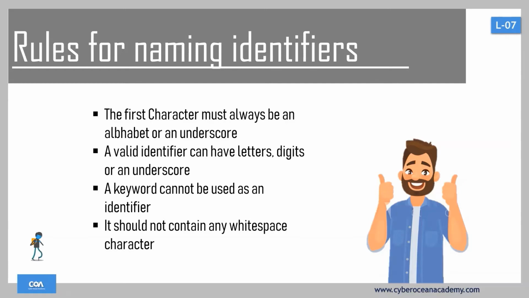For now, you only need to understand the difference between a keyword and an identifier. You cannot use a keyword as the name of an identifier. In the next lecture I will also write some programs where you can see the use of keywords and identifiers, and we will also use variables.